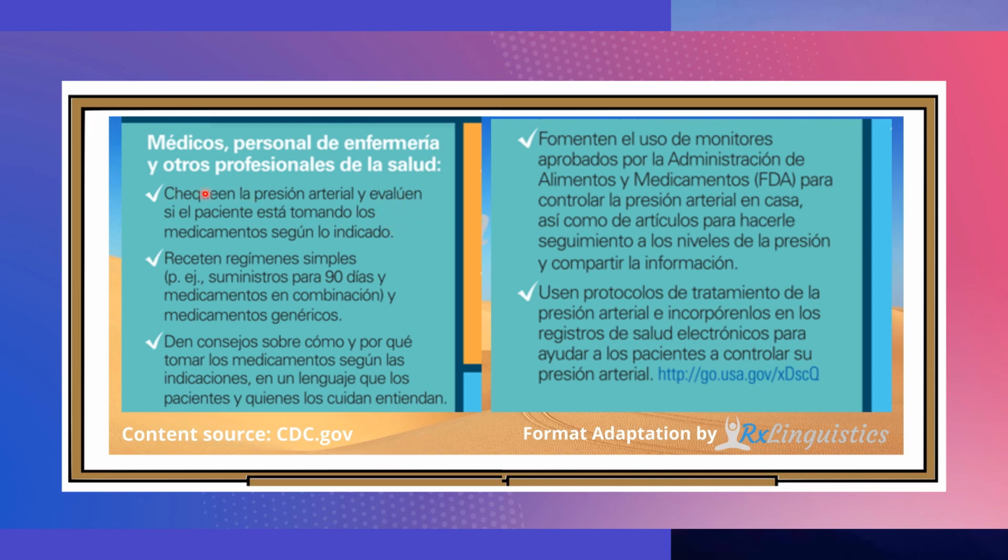So this is a verb, this is a verb. Estar tomando, we just talked about present progressive. Estar tomando is a present progressive of the verb tomar. Ando here is the present participle, and here is the auxiliary estar. Okay, so we have that.